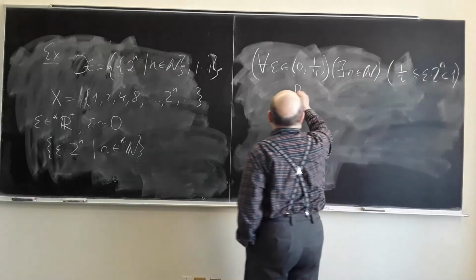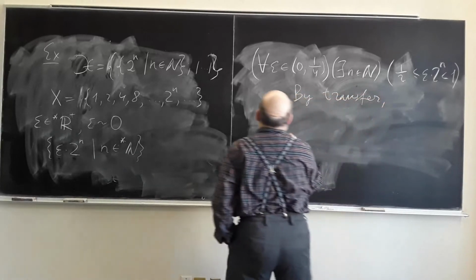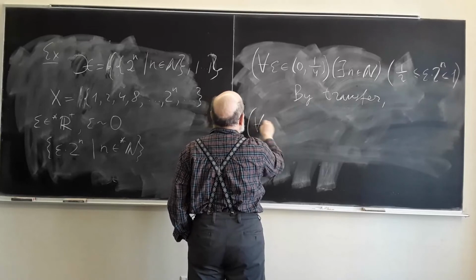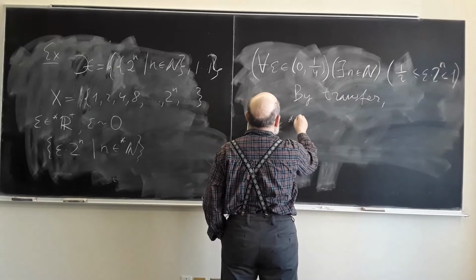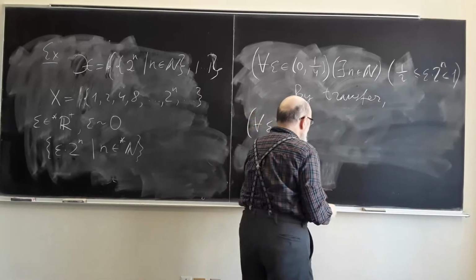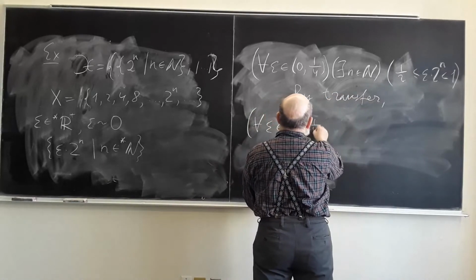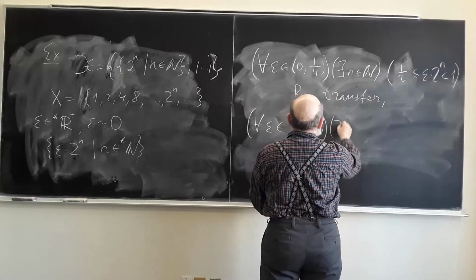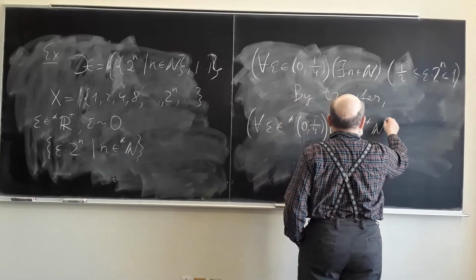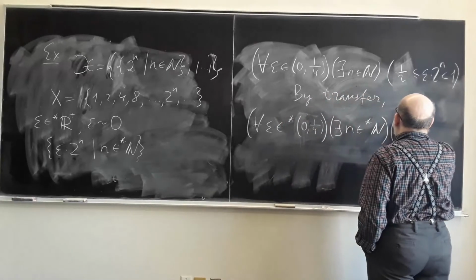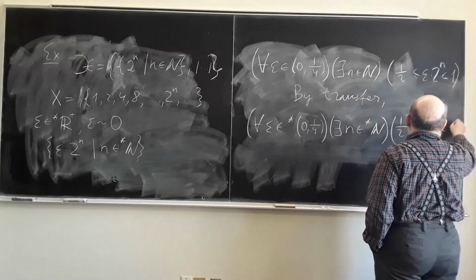So by transfer, for any epsilon in star R, in (0, 1/4), there exists n in star N such that 1/2 is less than or equal to epsilon times 2 to the power n, which is less than 1.